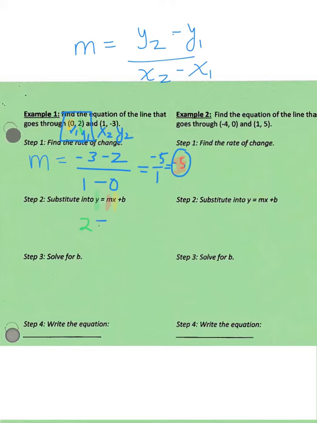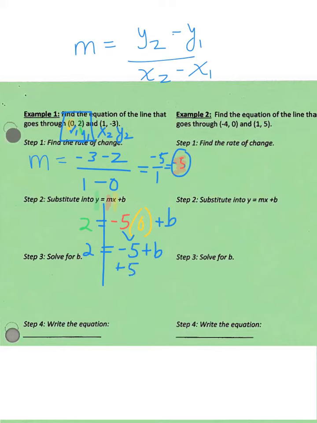equals m, which I found was negative 5, times x, which is 0, and then plus b, because that's what I don't know. I don't know what b is, the y-intercept. So I'm going to solve this equation for b, which gives me 2 equals negative 5 times 0, which is 0, plus b.